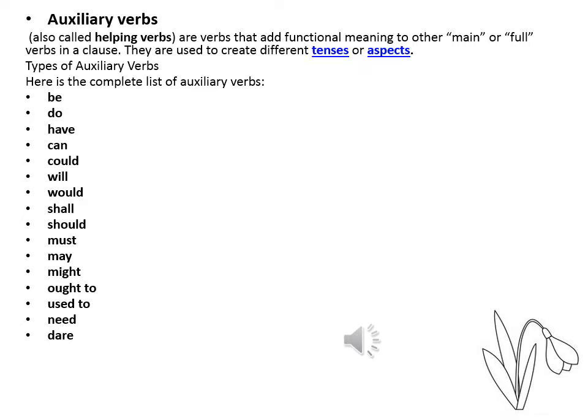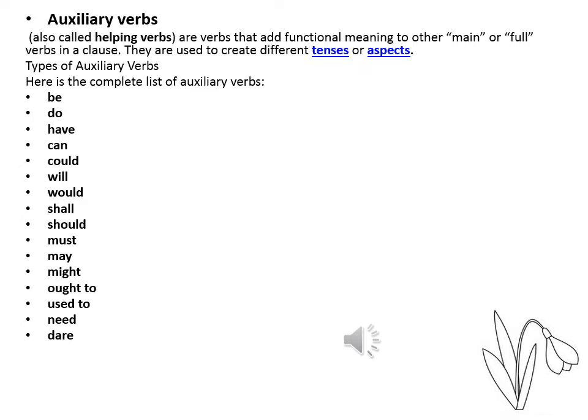Basically, we use auxiliary verbs as helping verbs. One of the main points is that they help to create different tenses, and they also create different aspects when you write a sentence or a piece of writing.